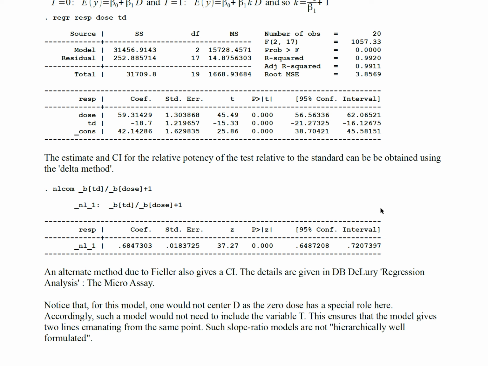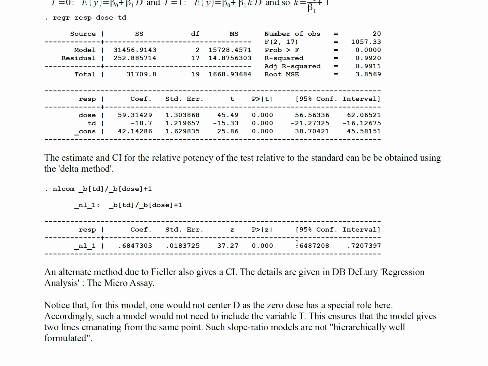Okay, I'm meandering a tiny bit off topic here, but to point out that in this case, we get an estimate of the relative potency of 0.6847, and we can see then that the test is not as potent as the standard in this particular project.